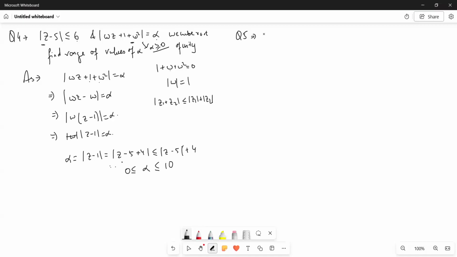Okay, question number 5. Let alpha and beta be two complex numbers such that mod alpha is equal to mod beta. Then alpha minus beta by alpha plus beta is... let's reframe the question like this.